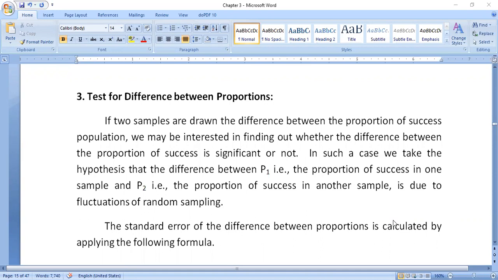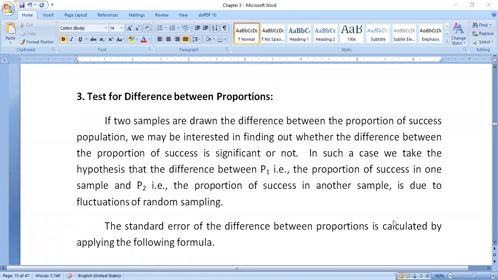If two samples are drawn from populations, we may be interested in finding out whether the difference between the proportions of success is significant or not. We are going to test whether the difference between the proportions of success is significant, important or not.